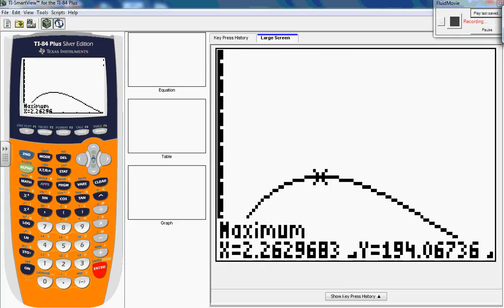As long as it doesn't give us an error, we're all right. And the maximum volume apparently is approximately 194.1 inches cubed. And the ideal dimension for the size of this square would be approximately 2.27 inches. And that's how you answer question 15, parts A, B, and C.